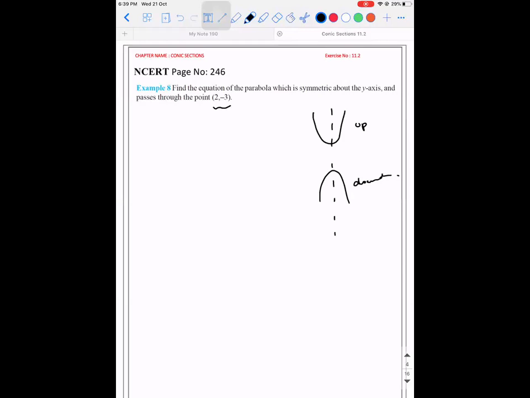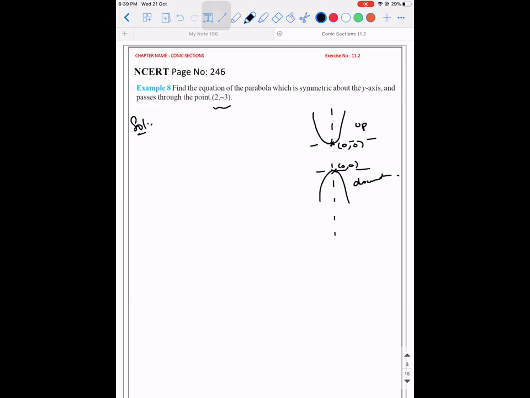The point through which the parabola is passing belongs to which quadrant? Fourth quadrant, right? When you take this as the origin, now you guys tell me which one is right. Downward, sir. That's right. I hope everyone is clear.